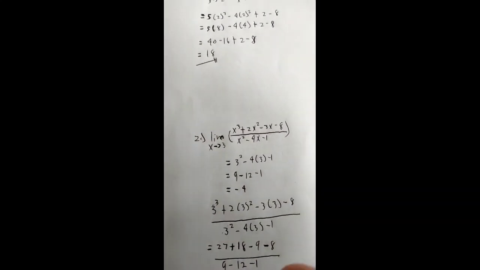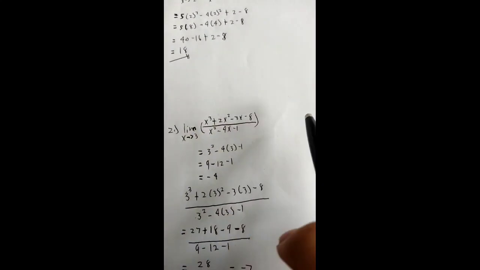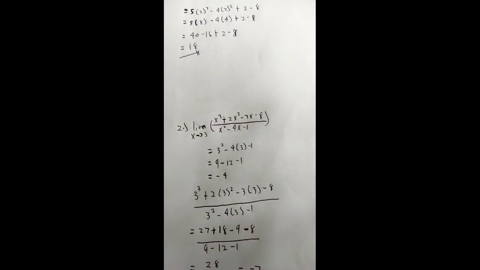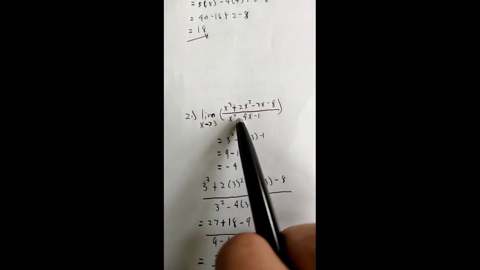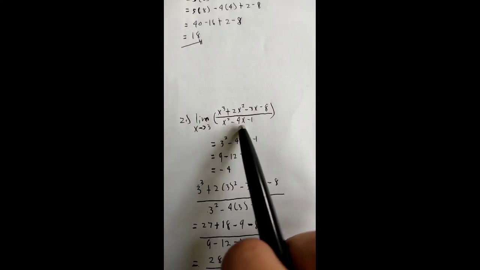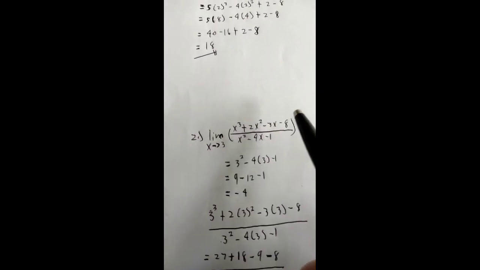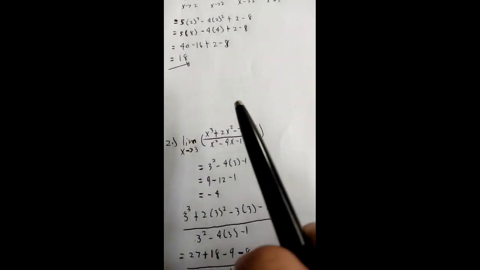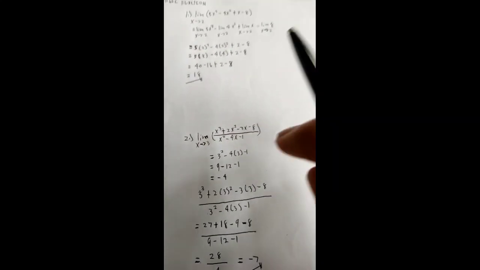There's a certain trick here that we can use when solving rational functions like this. The trick is we solve first the denominator using direct substitution to see if it gives us 0, which would be indeterminate, or if it gives us a number, so that we can also use direct substitution on the numerator.